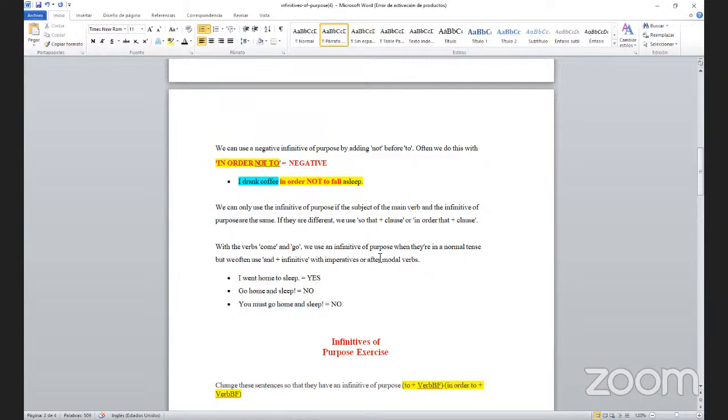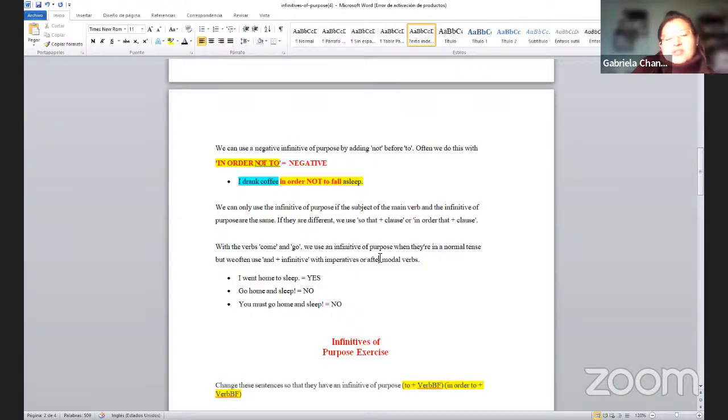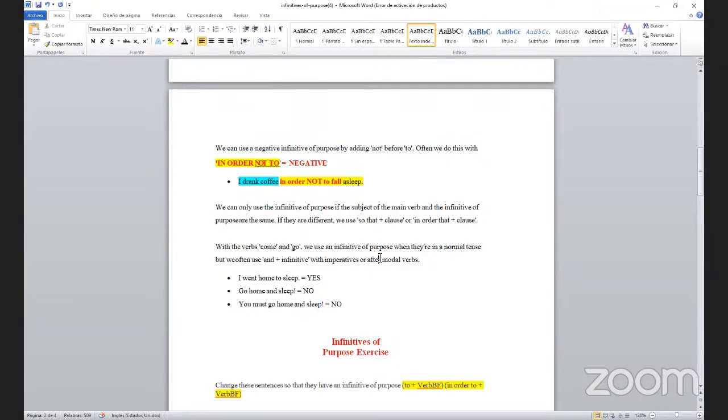Okay. So about this, Chris, do you have maybe some question? Lore, what's the meaning of in order to? In order to means para. It's the same as to. Okay. So the only difference is that in order to is para, but really formal.